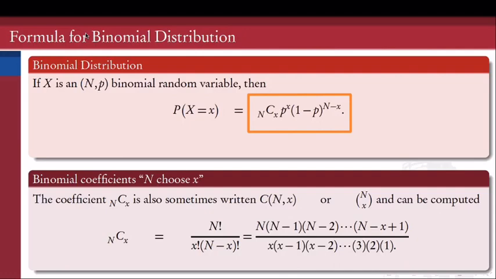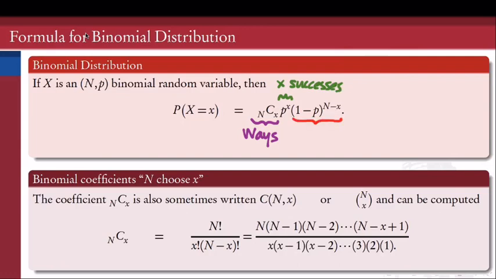I have to explain kind of what's going on here. The first thing you see is this weird expression called nCx, sometimes called n choose x. That's standing in for the number of different ways that we can arrange x successes among n trials. So we'll call that the ways. After that comes p to the power x. That's going to be the probability of succeeding x times. Right?